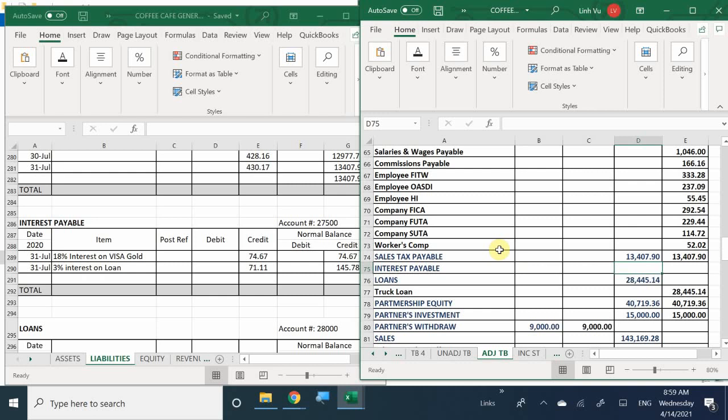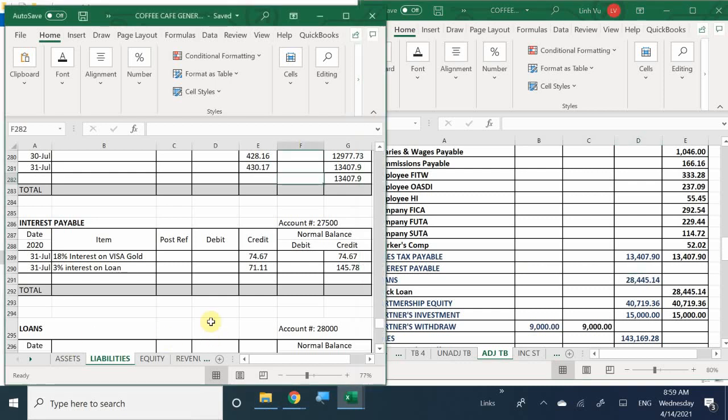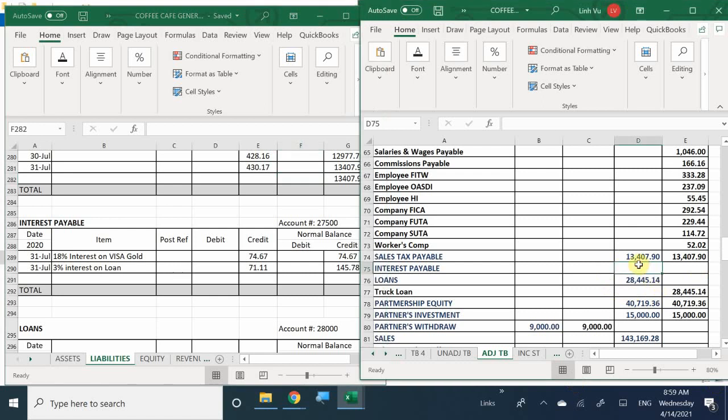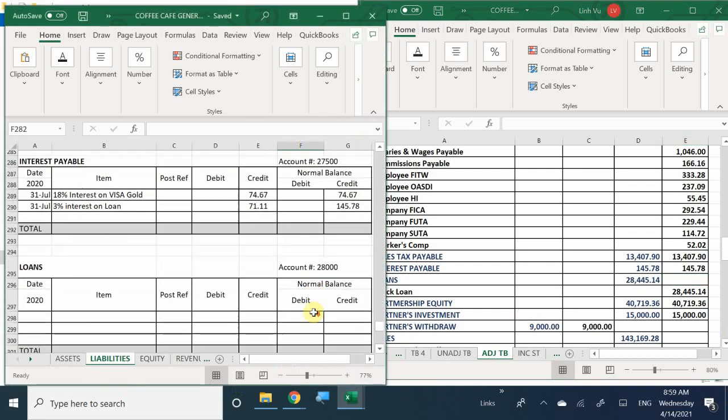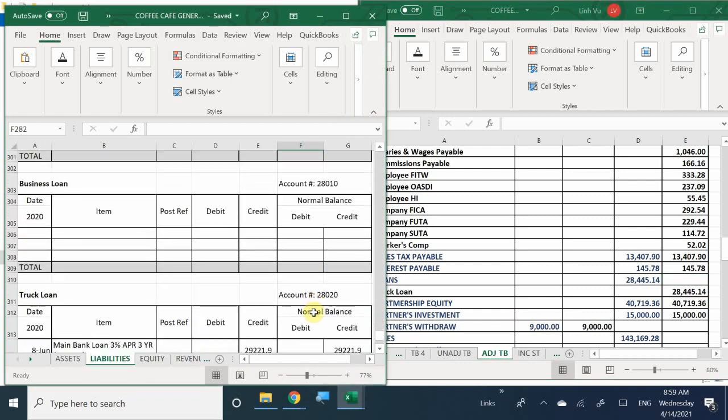I also had to accrue the interest on the truck loan. So how much is my total interest payable? 145.78. So here we are. This is going to equal this, and this is 145.78. Okay. Our truck loan, did it change?